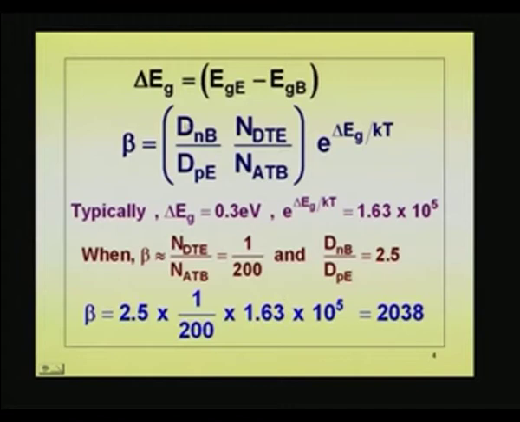Now, here, these equations we have seen using values like delta Eg 0.3 and the doping ratio as 1 by 200, you would expect that current gain to be about 2000. That is beta dependent only on the emitter efficiency.